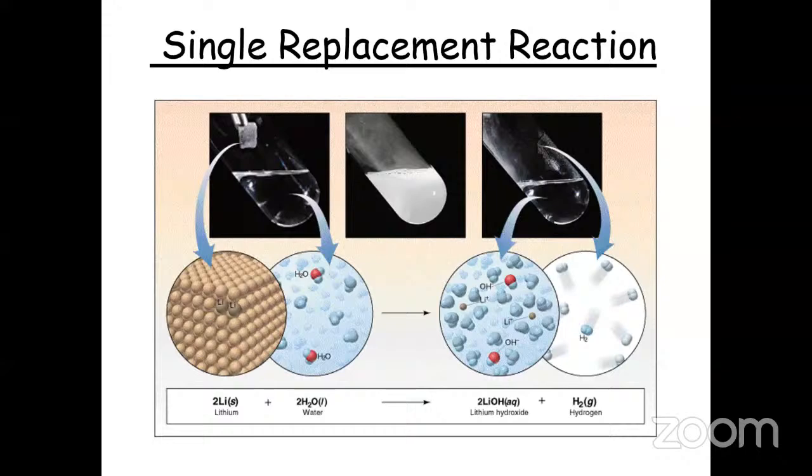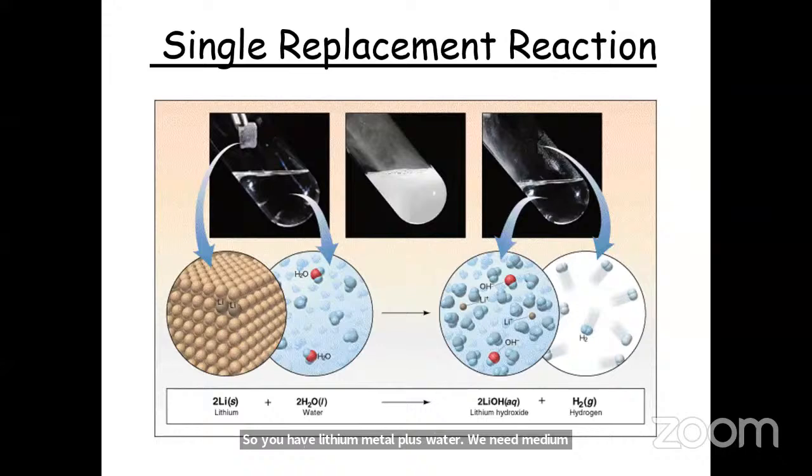So in the product, what happened? The lithium metal is replacing the hydrogen. It's like displacing hydrogen from the water. So you have lithium metal plus water to give lithium hydroxide plus hydrogen.